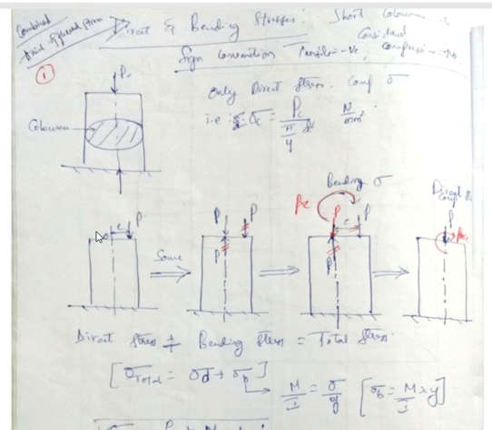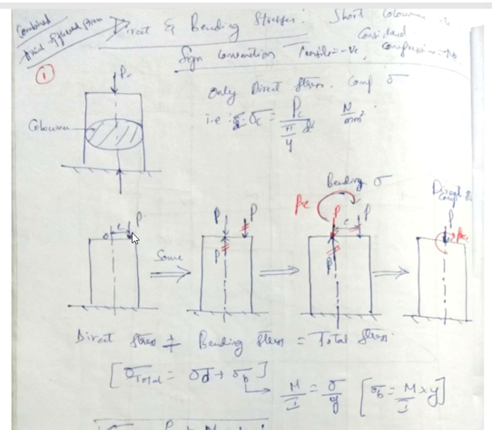So these are the stresses we are going to analyze: one is direct stress, that is compressive stress, and other is bending stress. These stresses are induced whenever the column is subjected to eccentric loading, and eccentricity is represented by E, where E is nothing but distance from neutral axis to the point of application of load.